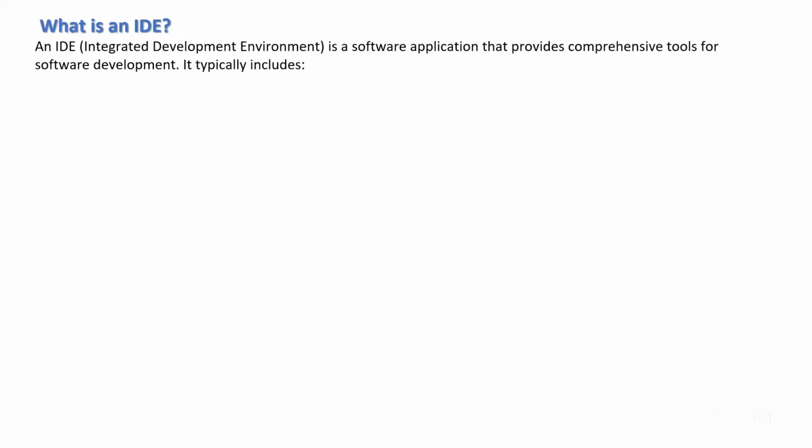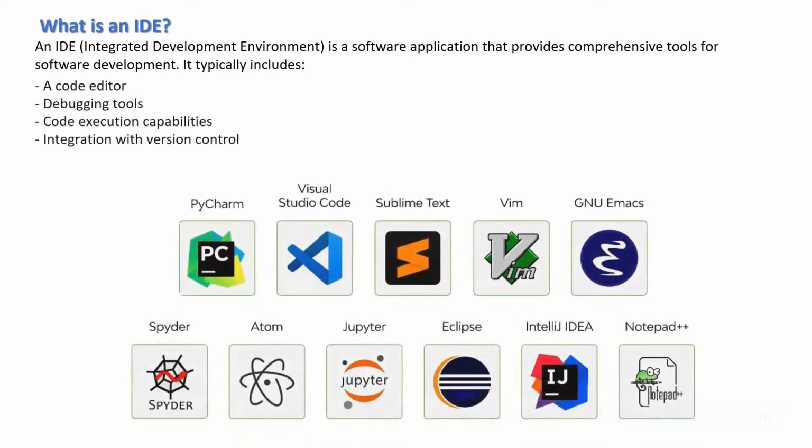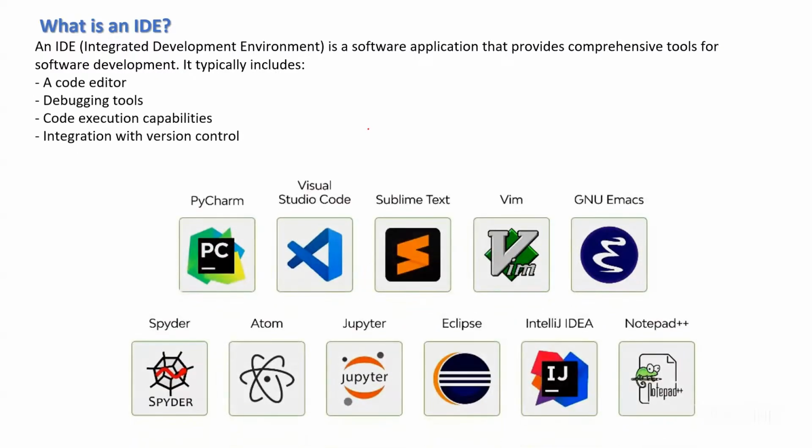The same way, if you want to write and execute Python, there are different software applications for coding. They give you a code editor, debugging tool, code execution, all of that. Python remains the same in all these applications. Unlike PL/SQL or SQL, which change according to the application, Python remains the same everywhere; the code remains same, but the application gives you an interface to execute the code, debug, and so on.